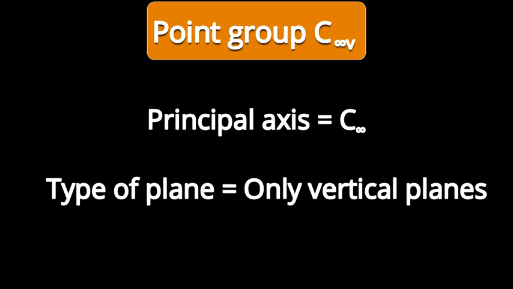Now, C∞ axis means what will be the nature of the molecule? Of course, linear. So from this point group label we got one idea: the molecule should be linear, with a C∞ axis and vertical planes. Now let us see the example and the possible suitable elements and operations related to those elements one by one.